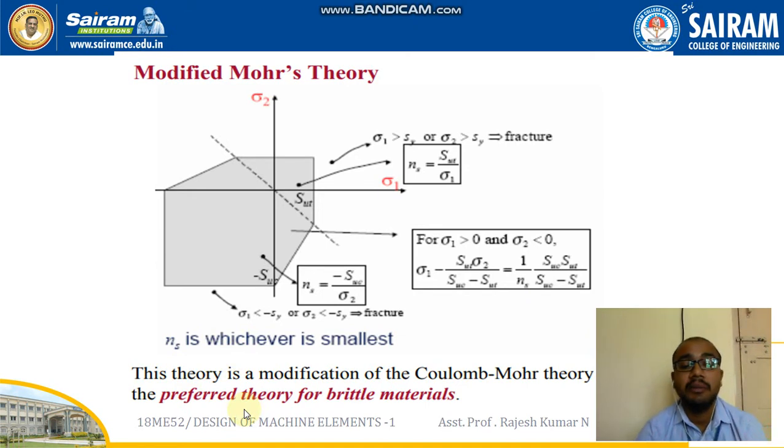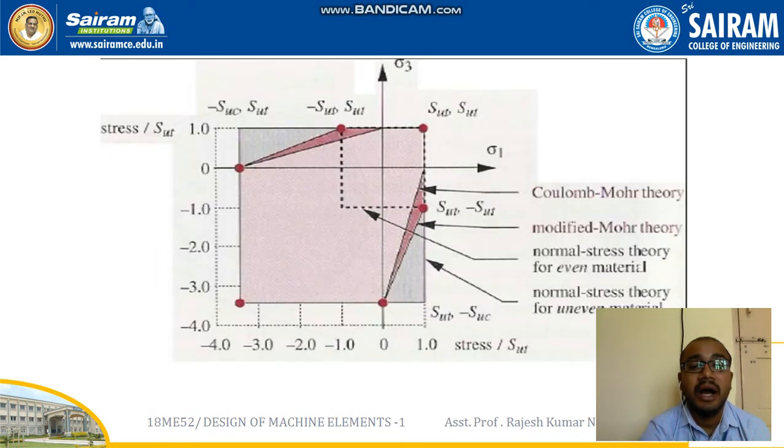This theory is a modification of Coulomb-Mohr's theory and is preferred as the theory for brittle material. Here the explanation is given very clearly. SUT is the normal stress, where SY or SUT is the yield stress or the ultimate stress.